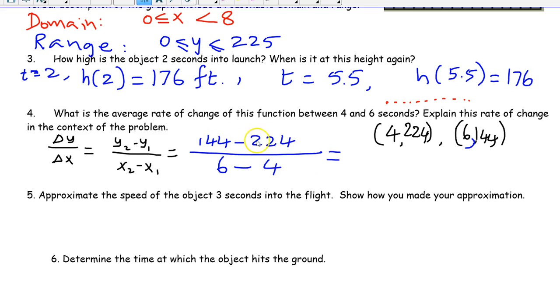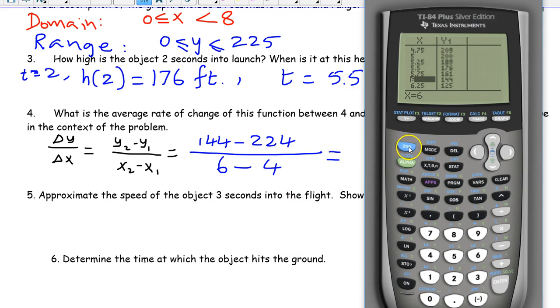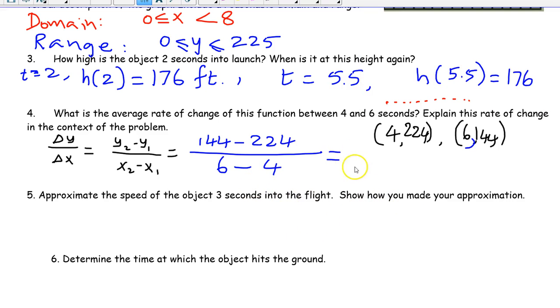So what is 144 minus 224? Is it 80 with the negative sign? Let me see, second and mode. 144 minus 224 gives you negative 80, and 6 minus 4 is 2.